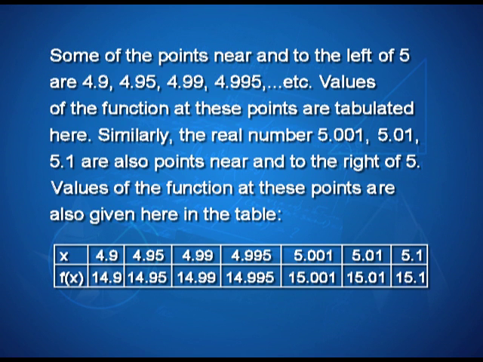X varying from 4.9 to 4.95, 4.99, 4.995, 5.001, 5.01 and 5.1, giving the values of the function f of x as 14.9, 14.95, 14.99, 14.995, 15.001, 15.01 and 15.1 respectively.